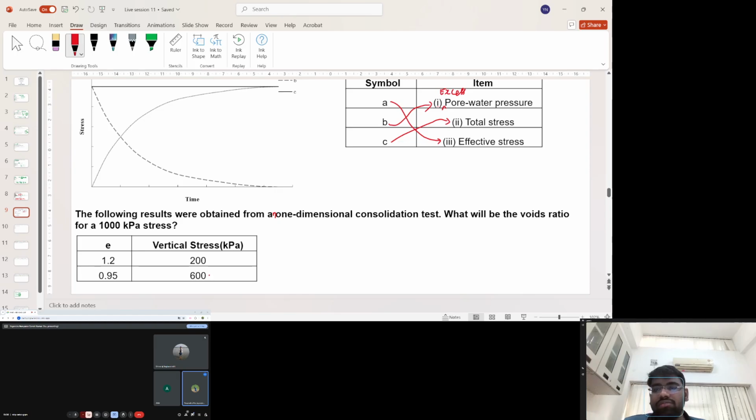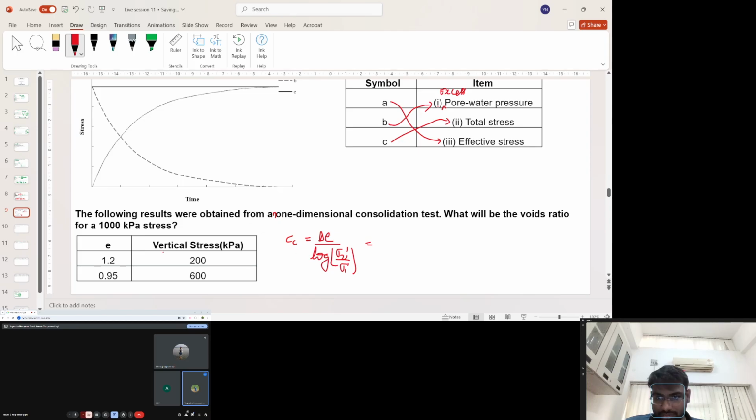So here the parameter which relates the entire thing is Cc. Cc is delta e by log of sigma 2 dash by sigma 1 dash.